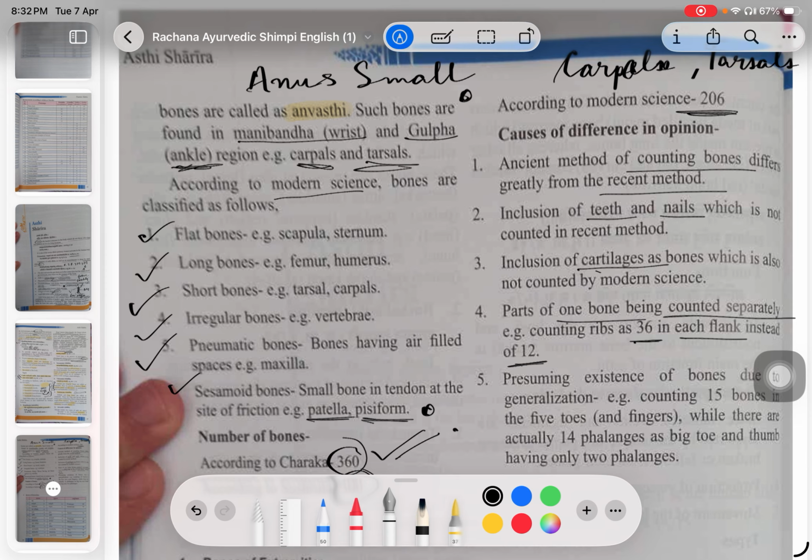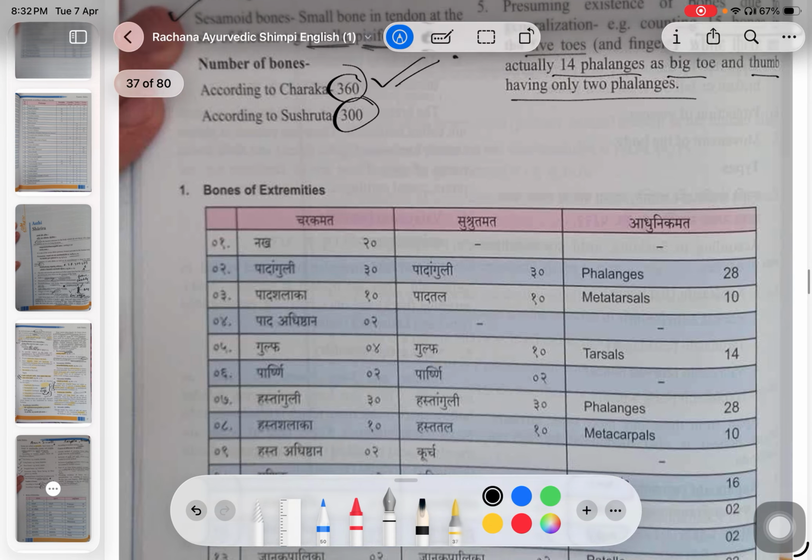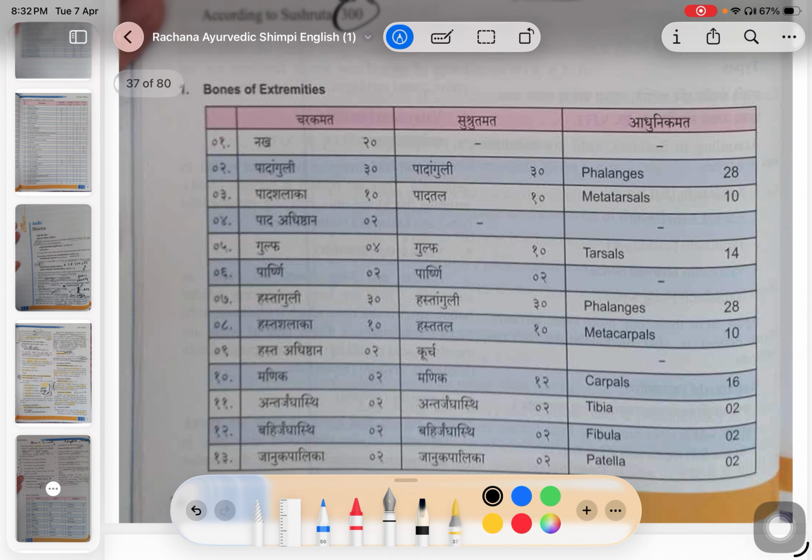Or presumed existence of bones due to generalization. Example, counting 15 bones in 5 toes and fingers, while there are actually 14 phalanges, as the big toe and thumb have only 2 phalanges. So maybe they're counting phalanges as 15. So all these things are just examples of why they have different opinions.